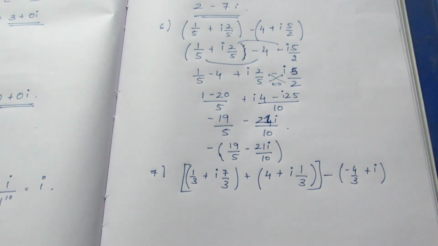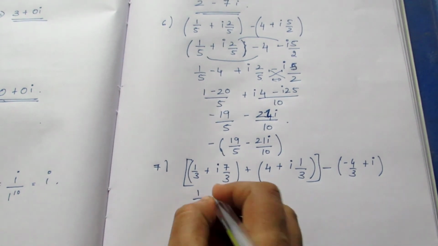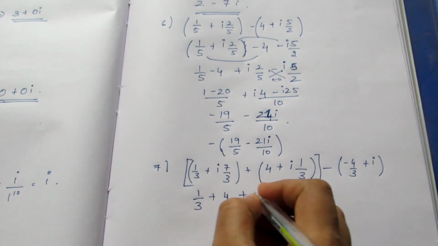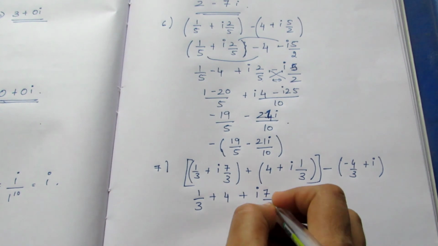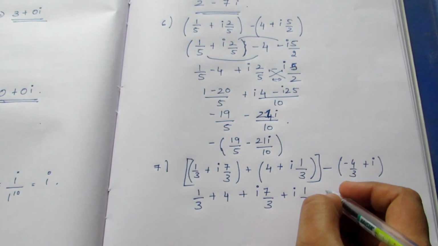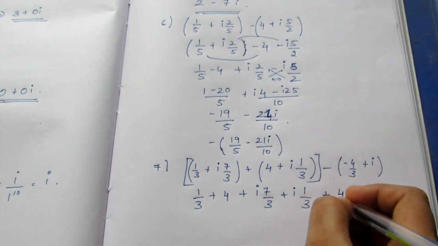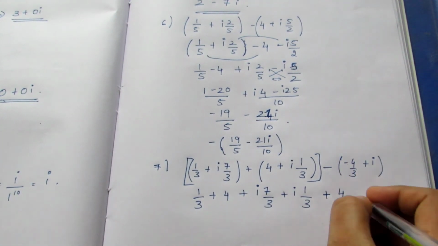Now solve the inside bracket, it's just the plus. We can solve the like terms. Now these two are like terms and these two are like terms. As it is plus, we can rearrange the numbers, then we can solve it. Now here minus into minus will become plus 4 by 3, here minus i.